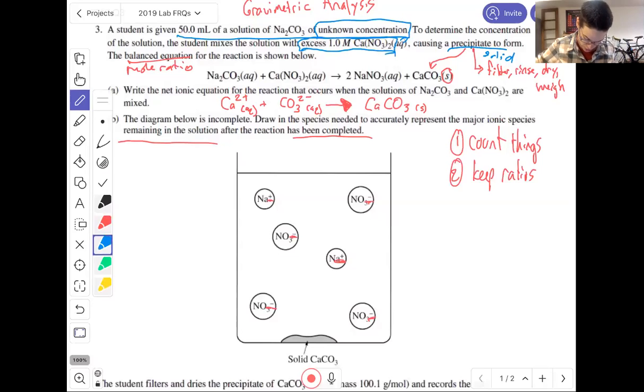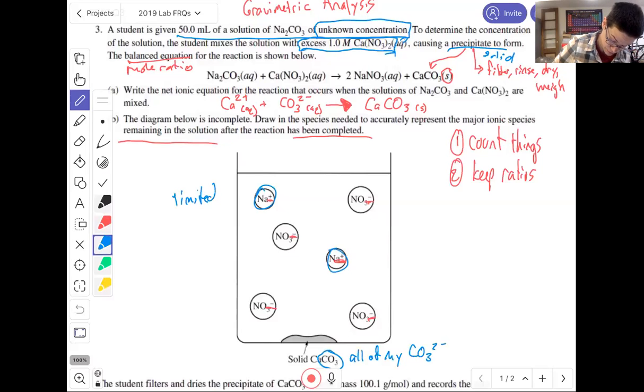So all of my carbonate is down here, because that's the whole point of this process. So all of my carbonate is down there, which means that these are a limited amount. I can't have more sodium because that was a limited amount.